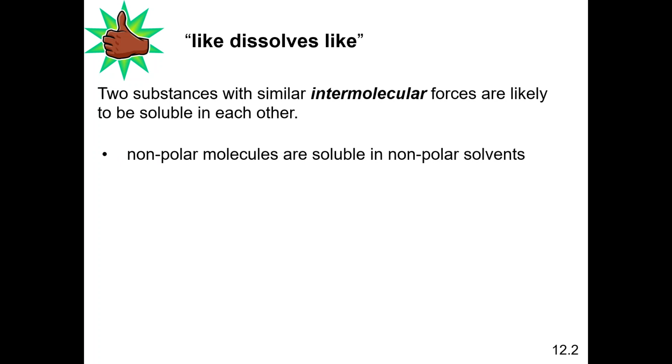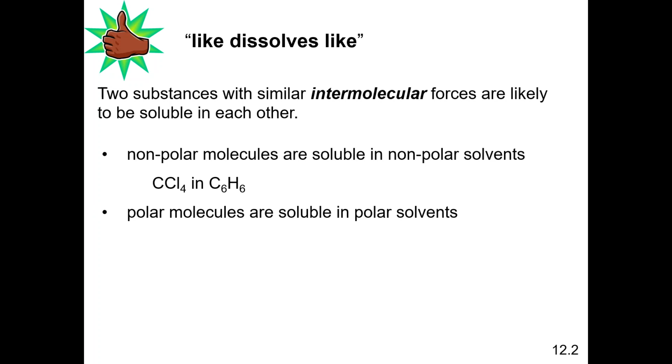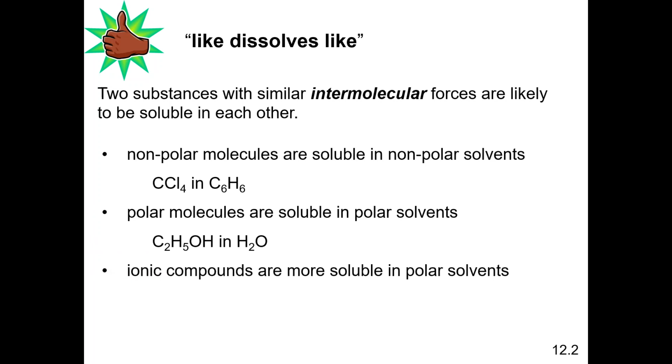So basically nonpolar molecules are, in most cases, soluble in nonpolar solvents, such as carbon tetrachloride in benzene. On the other hand, polar molecules would be soluble in polar solvents, such as methanol in water. And what you'll find also is that ionic compounds tend to be more soluble in polar solvents, such as sodium chloride, which is soluble in both ammonia and water.